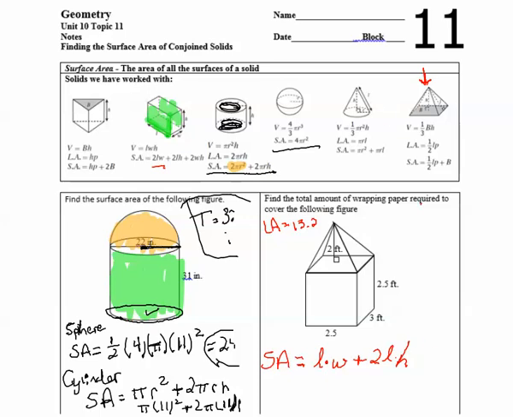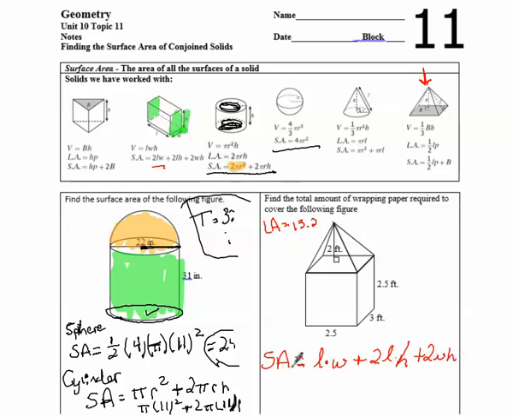And then, sometimes you just got to get really into it and figure out what it is you're looking for. I think that's the part that makes this stuff hard. Width and height. So that's this face and then the face parallel, and I want both of those. I want this and I want the face over here. So 2WH.